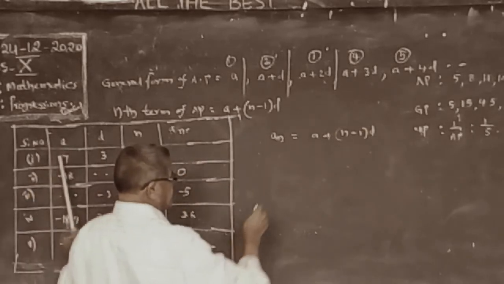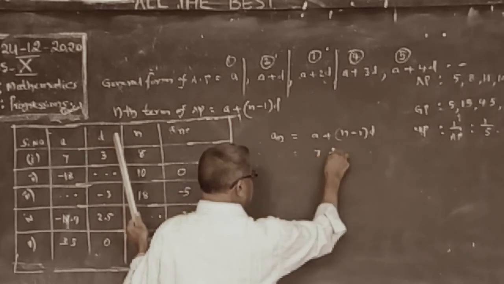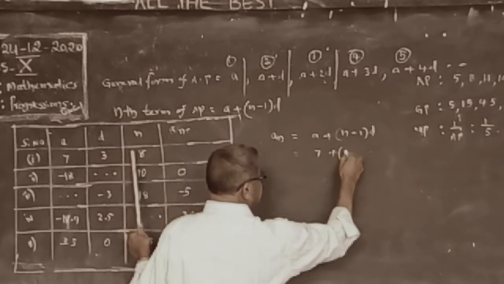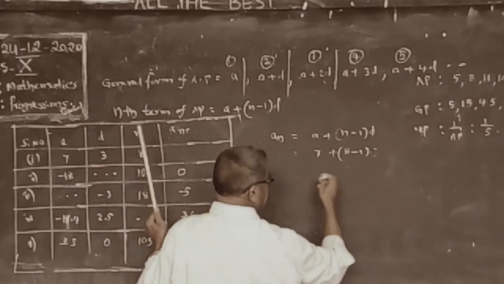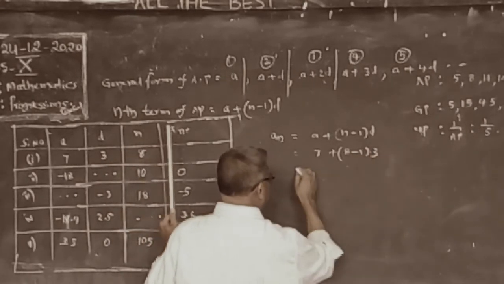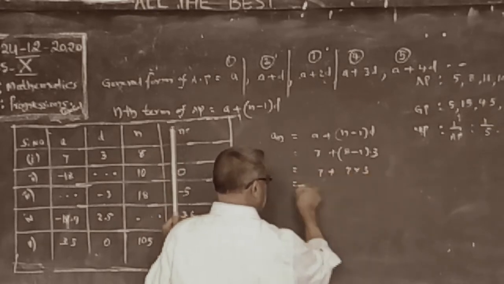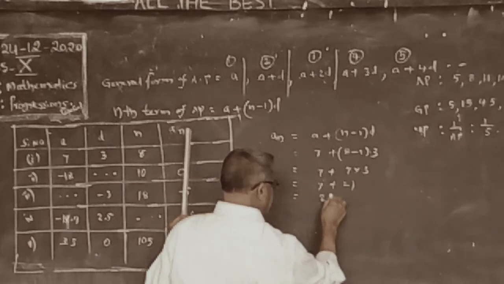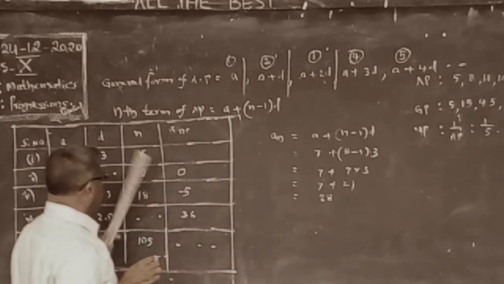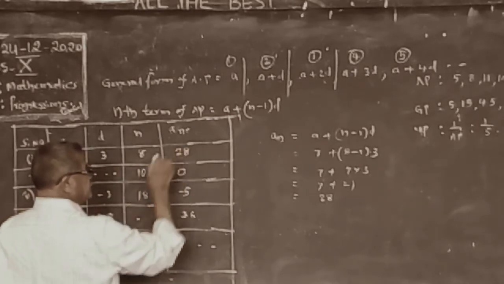A is 7, n is 8, so 8 minus 1, and common difference is 3. Rough work: 7 plus 7 into 3, 7 plus 21 is 28. So the eighth term of the series is 28.